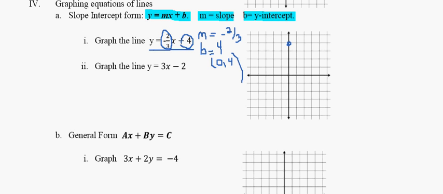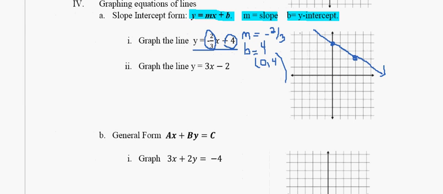And now my slope is negative. When your slope is negative, you're going to fall and then always run to the right. So I'm going to fall 2 and run to the right 1, 2, 3. So you either rise and run to the right if you have a positive slope, or you fall and run to the right if you have a negative slope.